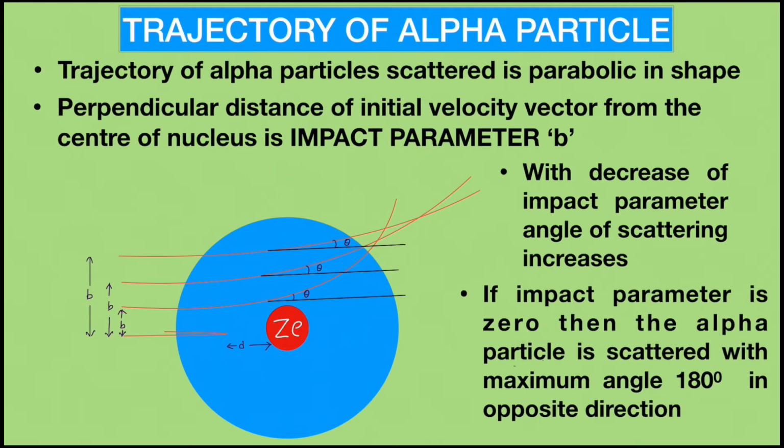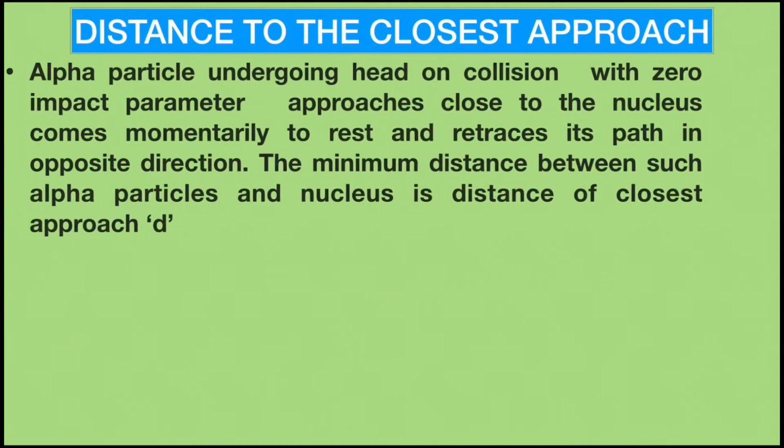So in this section we discussed the importance of impact parameter and what impact parameter is, that is also clear from the diagram. In the remaining section of this video lecture, we will talk about distance of closest approach. That I just told you that it is the minimum distance of the alpha particle which is just interacting with the nucleus and falling in front of the nucleus.